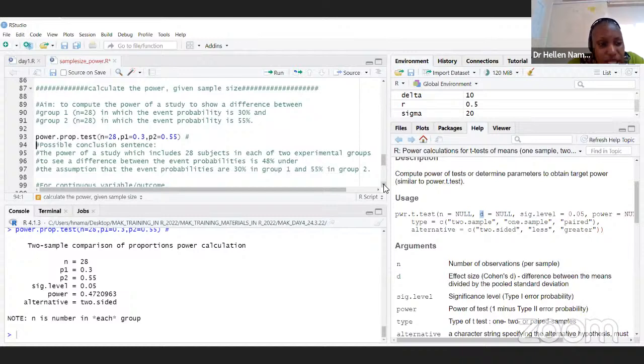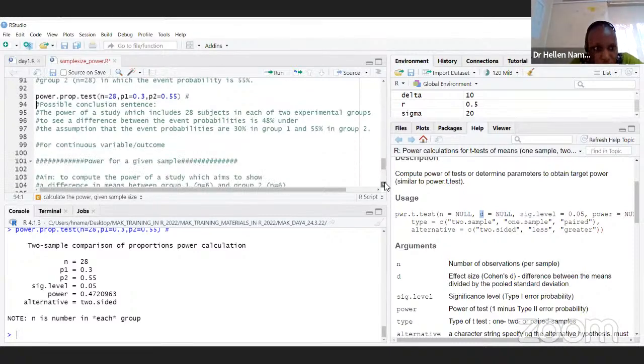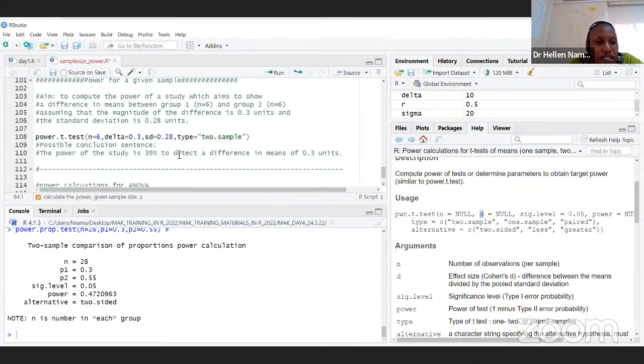In other words, the power of the study, which includes 28 subjects in each of the groups, in group 1, which has the proportion of 0.3, and group 2, which is 0.55, it will be 0.47. And then in this last one, you've got N as 6, you've got a delta, and then the standard deviation.